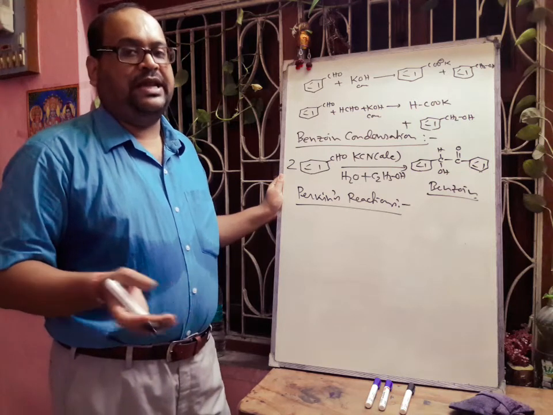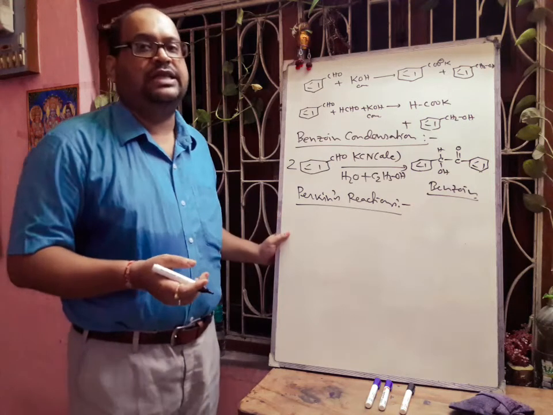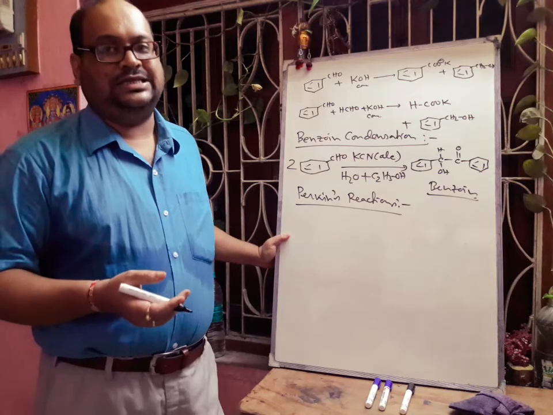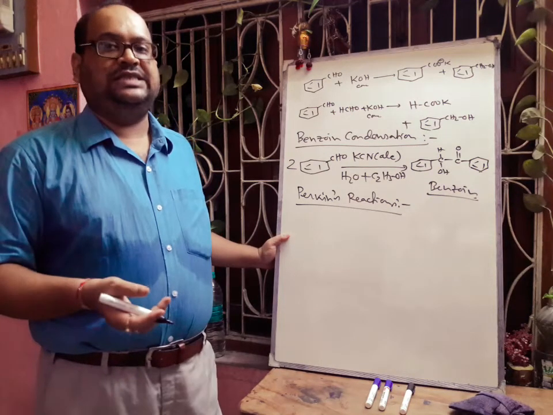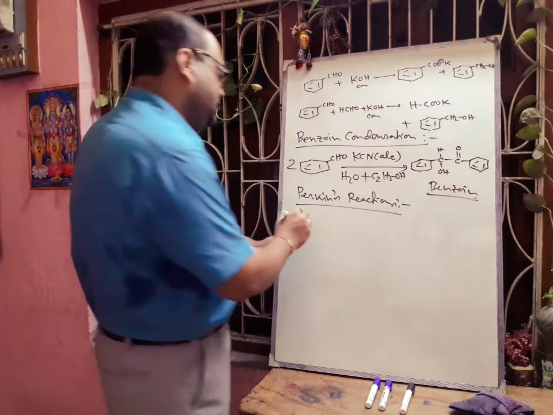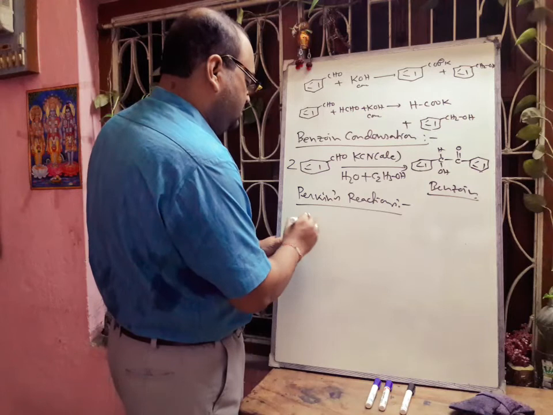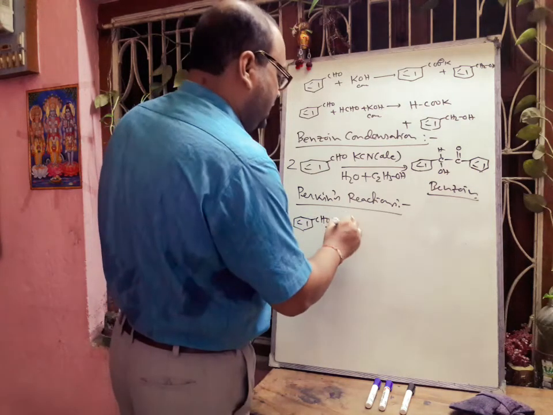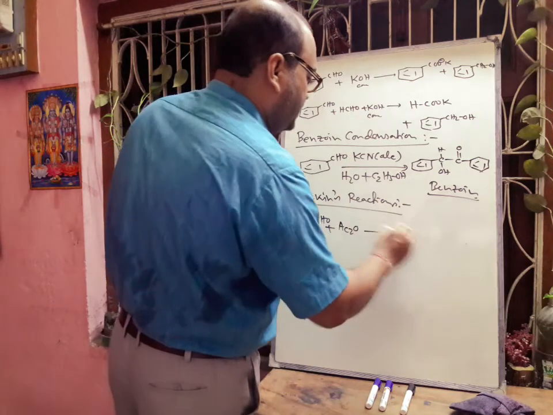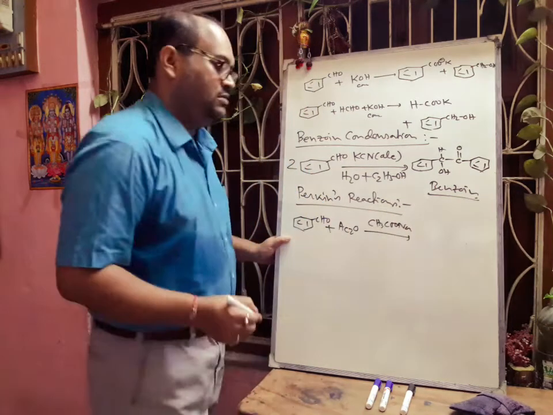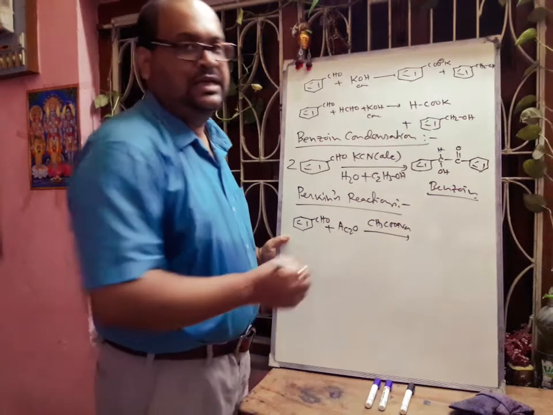So in the Perkin reaction, benzaldehyde will react with acetic anhydride and the sodium salt of acetic acid, that will give you the corresponding cinnamic acid at a temperature of 453 Kelvin. So here benzaldehyde will react with acetic anhydride, Ac2O, in presence of CH3COONa, that means the sodium salt of acetic acid.